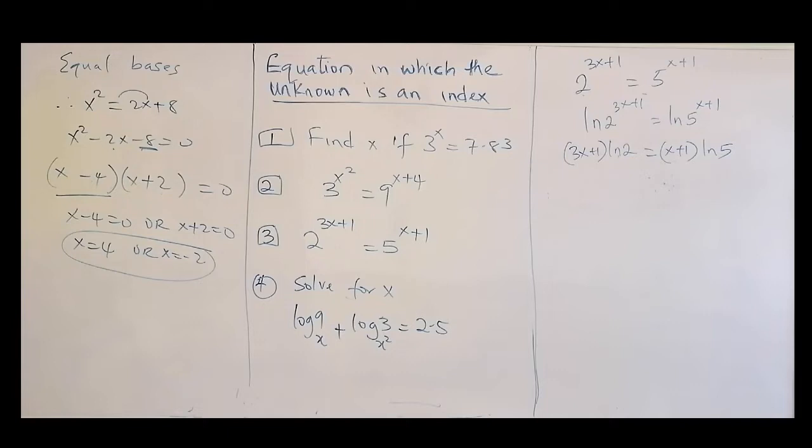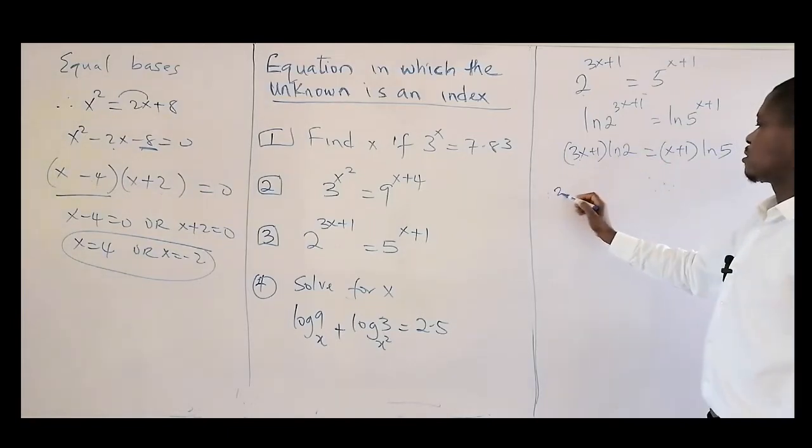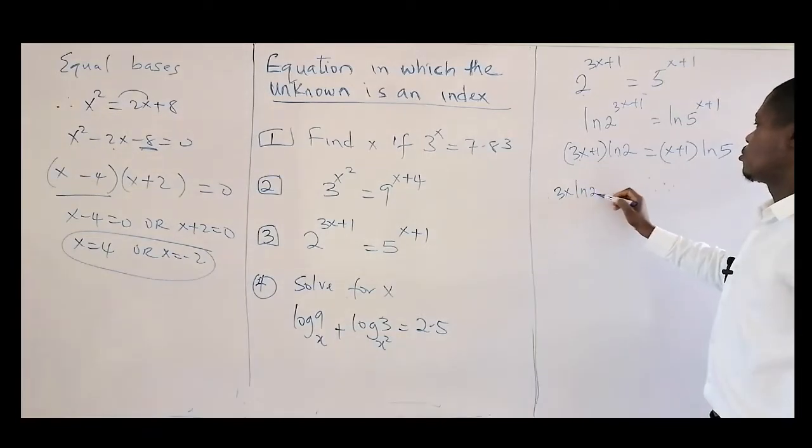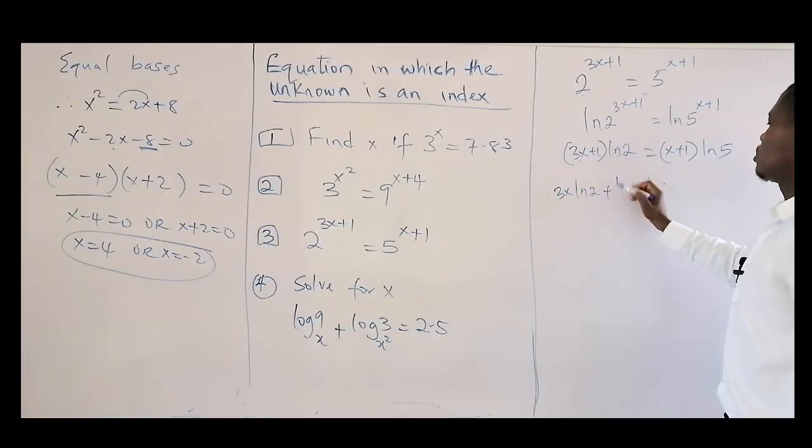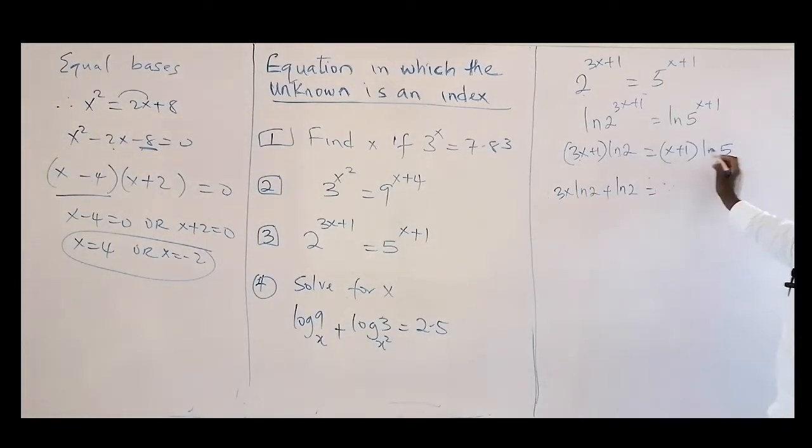Okay, then you can start opening the brackets, and this will be ln 2 times this, that will be 3x ln 2 plus ln 2 times 1, equal to ln 5 times x, that's x ln 5, plus ln 5 times 1. We can collect like terms and bring all the x together.